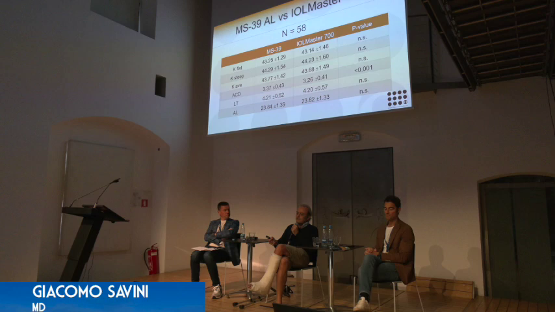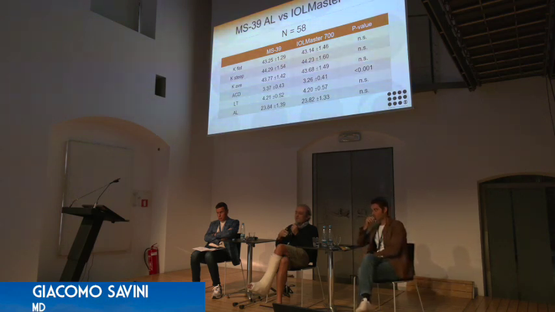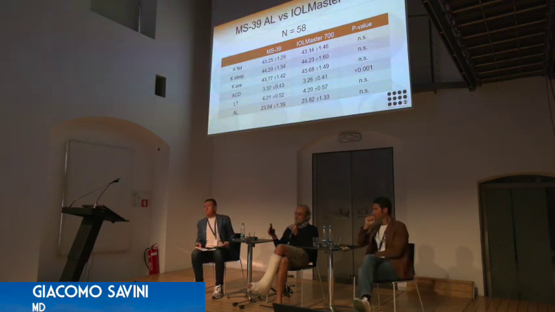There are minor differences for K flat, for K steep, for K average, and probably these differences may get statistically significant with a larger sample size, but you see that these are not clinically significant.